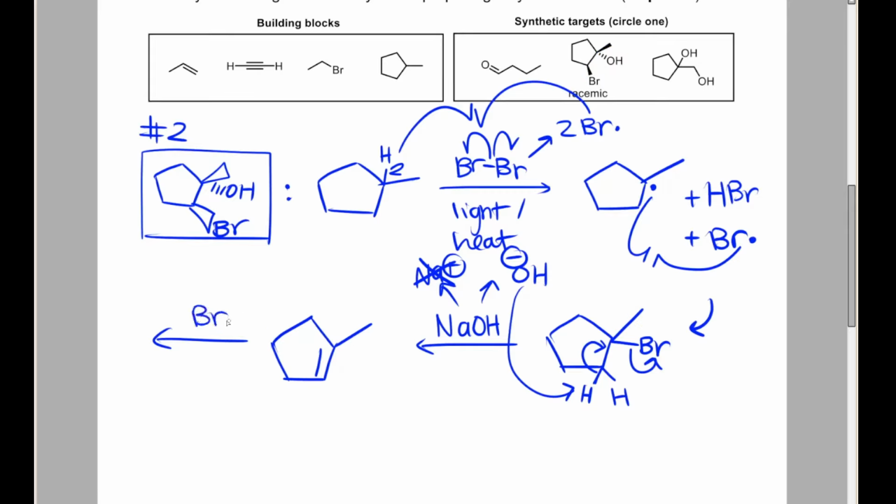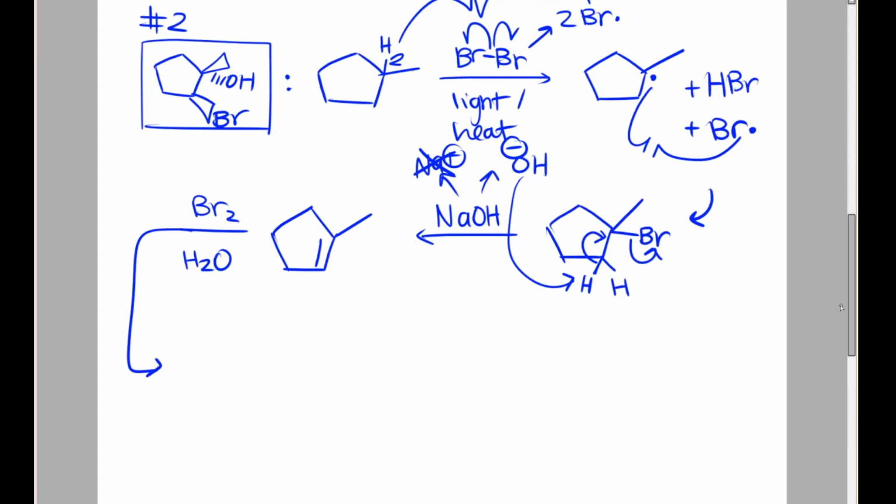So I'm going to write that out, and I'll draw out the mechanism to show. Actually, let's make this arrow longer. Just as before, this alkene will act as a nucleophile. It's going to grab onto one of these bromines in a dibromide, and the other one will become a leaving group.